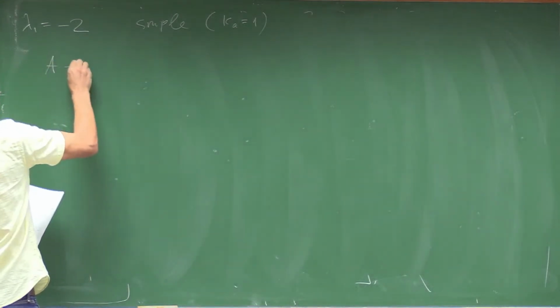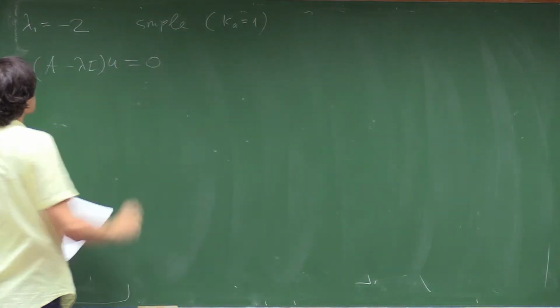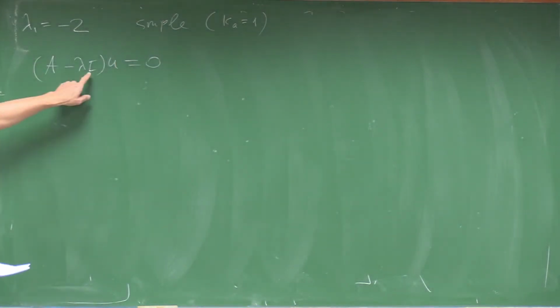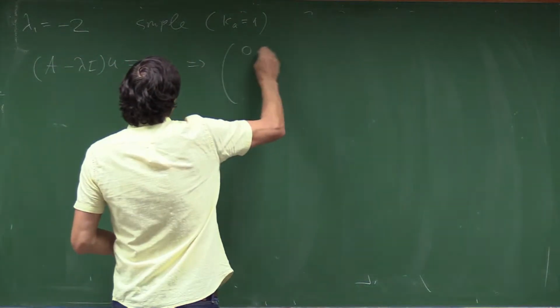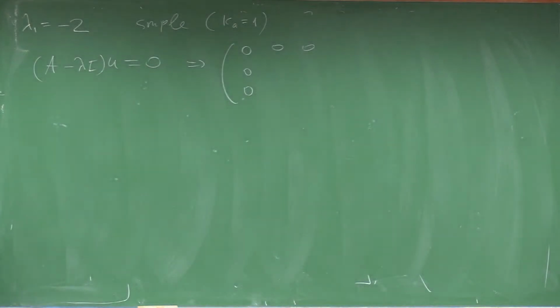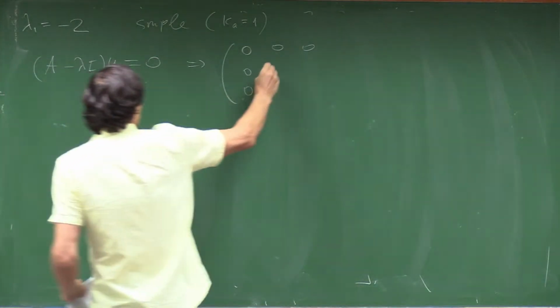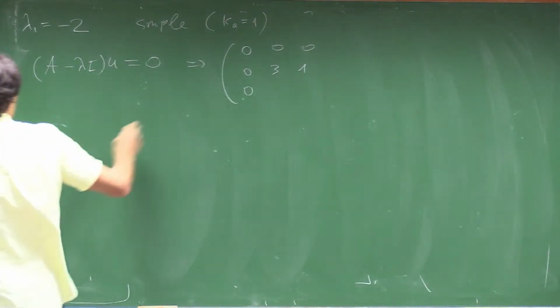So let's write the eigenvalue problem. We subtract minus 2 from the diagonal, so we add 2 to the diagonal. This gives you 0, 0, 0, 0, 0, and then we have to add 2, so it will be 3, 1, minus 1, 1.